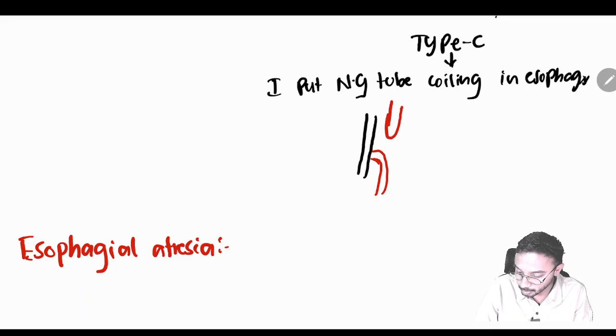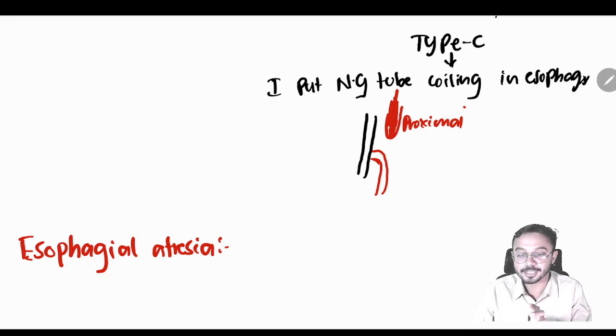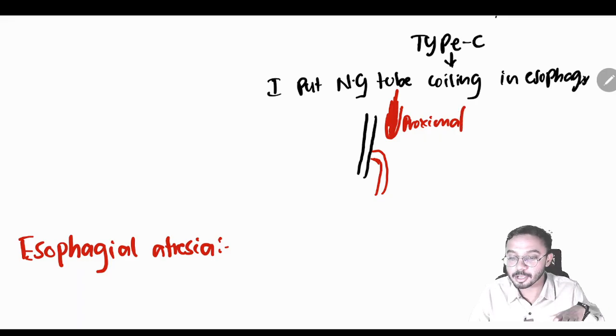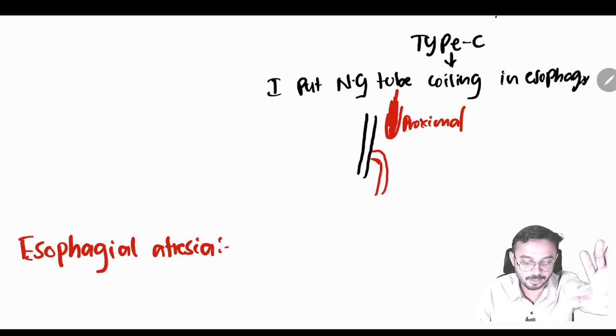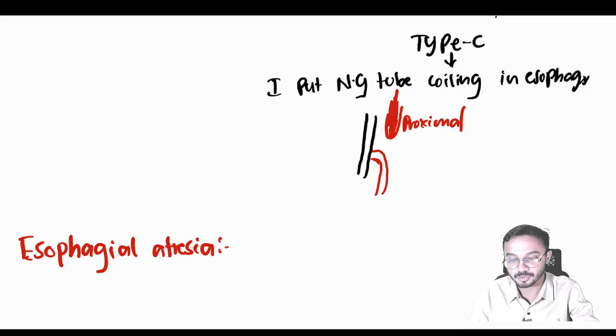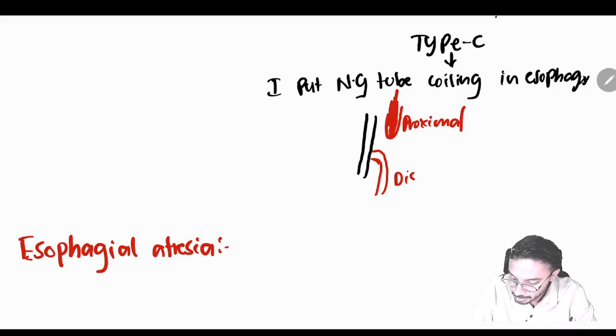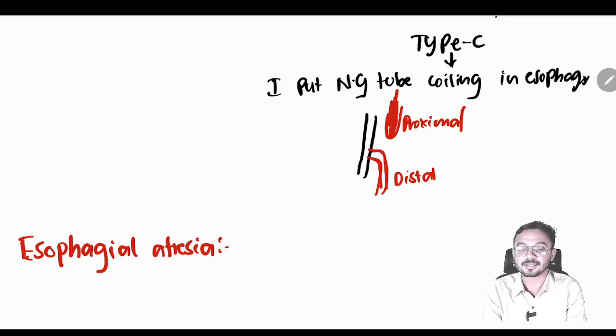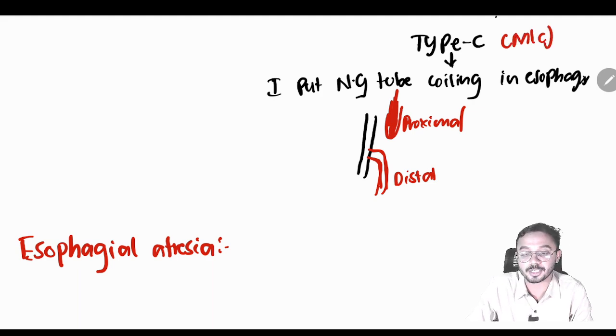This is the proximal part. In the proximal part there is an atresia, esophageal atresia. Atresia is nothing but narrowing of the upper part of the esophagus, and the distal part gets connected to the trachea. This is known as type C, the most common variety of tracheoesophageal fistula.